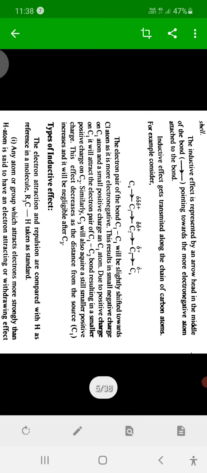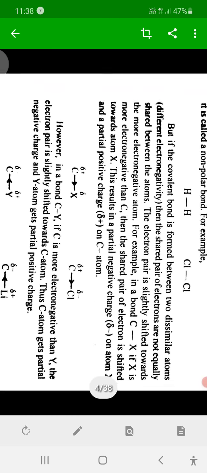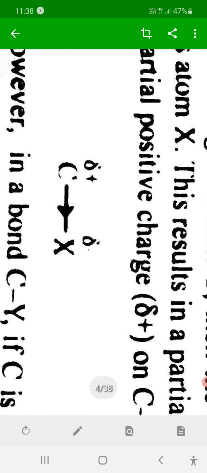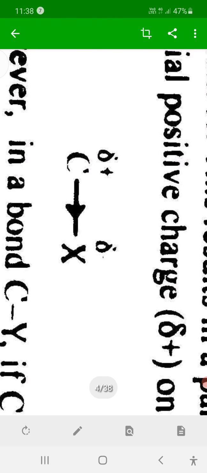Then plus I effect, that is donating inductive effect. See here, X shows minus I effect, but for carbon, loss of electron takes place.